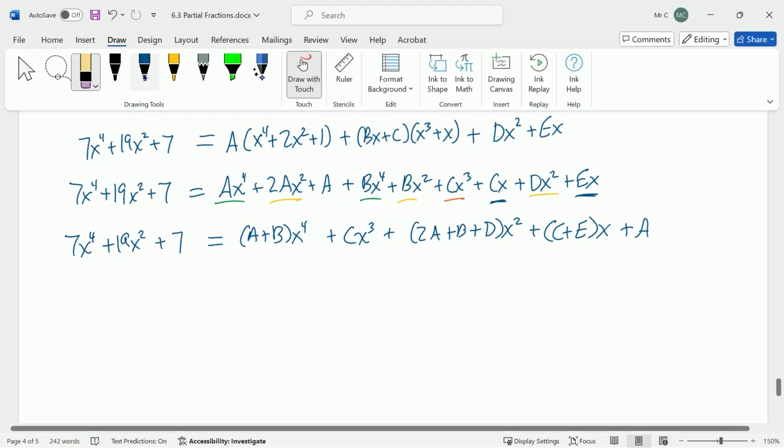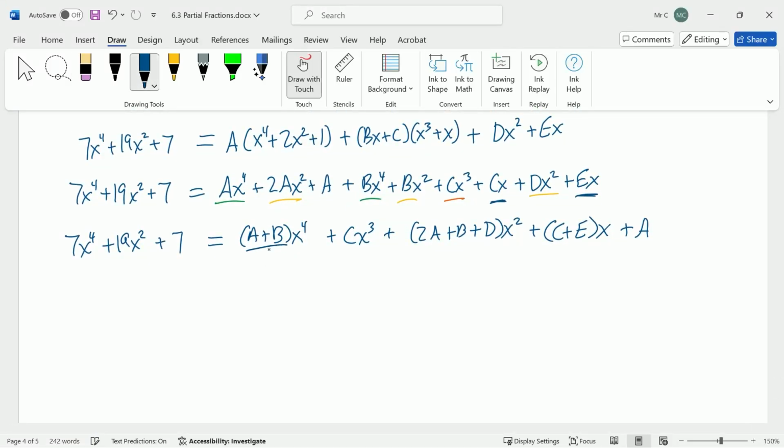And now we can make our system of equations. a plus b has to be equal to 7. c, well, there is no x cubed term, so this coefficient has to be 0. So c has to be 0. That's a nice one. And then 2a plus b plus d has to be equal to the 19 term.